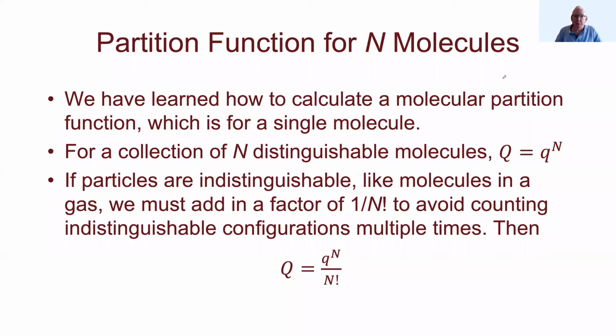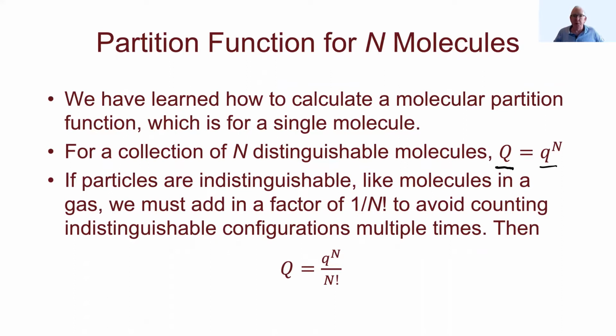First thing we have to do is get away from having a single molecule, right? Because the molecular partition function is, at least in principle, calculated by thinking about what are the energy states available to one molecule, okay? If I have a collection of n molecules, and if we start off with the case that the molecules are distinguishable, then we could write that our partition function for that collection, which becomes uppercase Q here, is just q to the n, right?